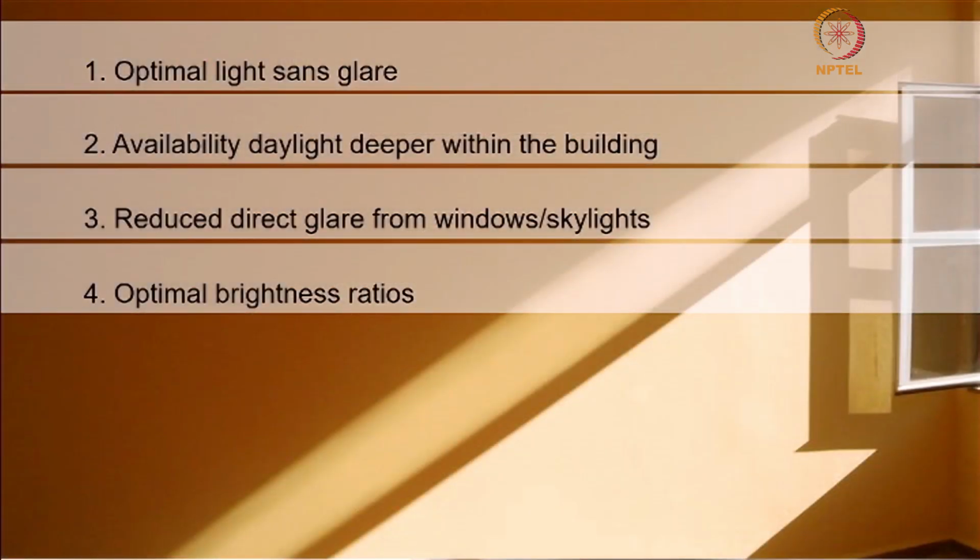Another objective is to look at the optimal brightness ratio to prevent excessive difference between the very bright and very dark parts of your view. For example, what you can see in this image, this beam of light creates a puddle of light over on the wall, which creates this very dark and a very bright spot.